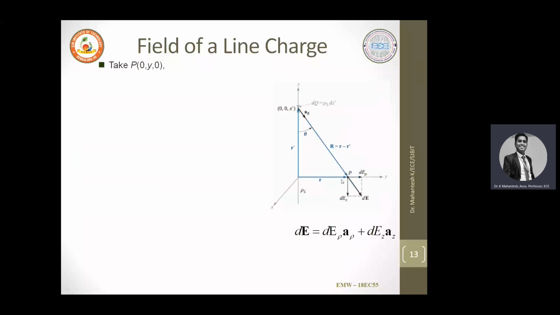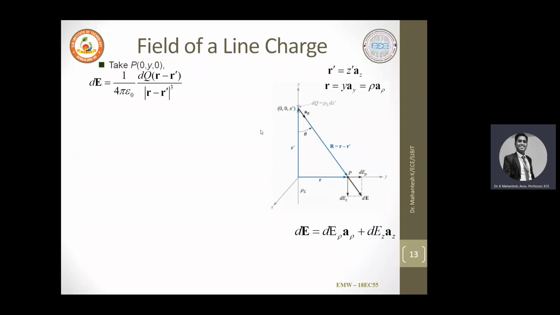Consider a point P with coordinate values 0, y, 0. Therefore, r dash is equal to z a z, and r is equal to y a y, which is equal to rho a rho.